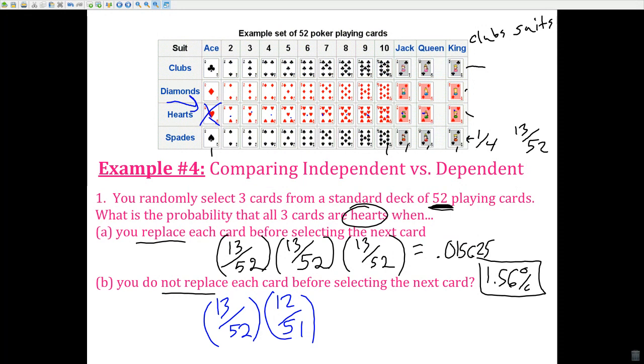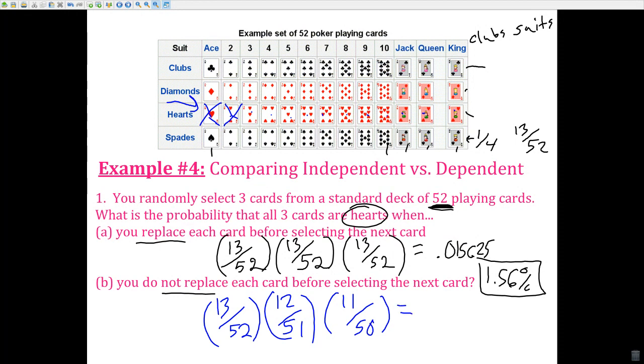And we're going to do the same thing. Maybe you pick the 2 for the last one. So now you only have 11 of them, and it's not 52, that's silly. You have 50.